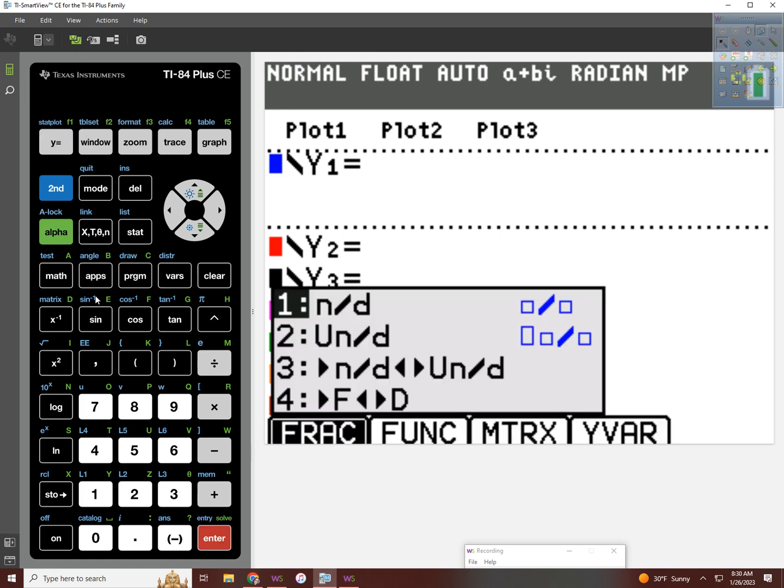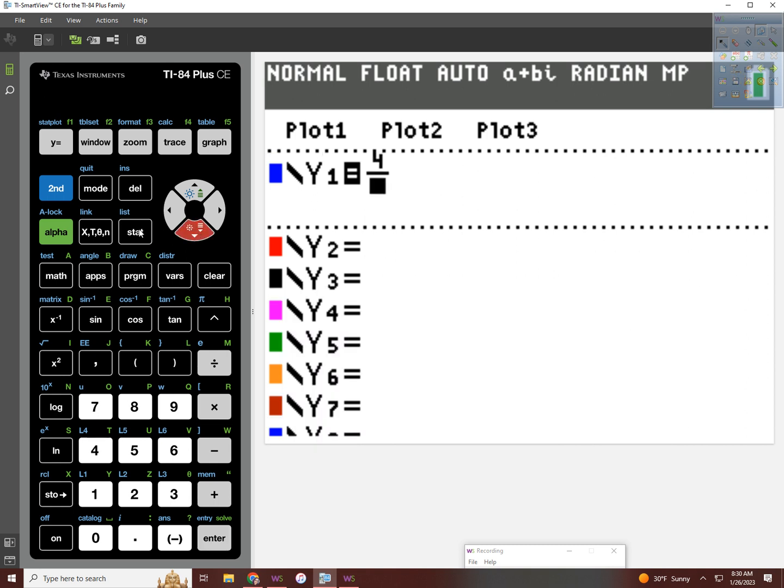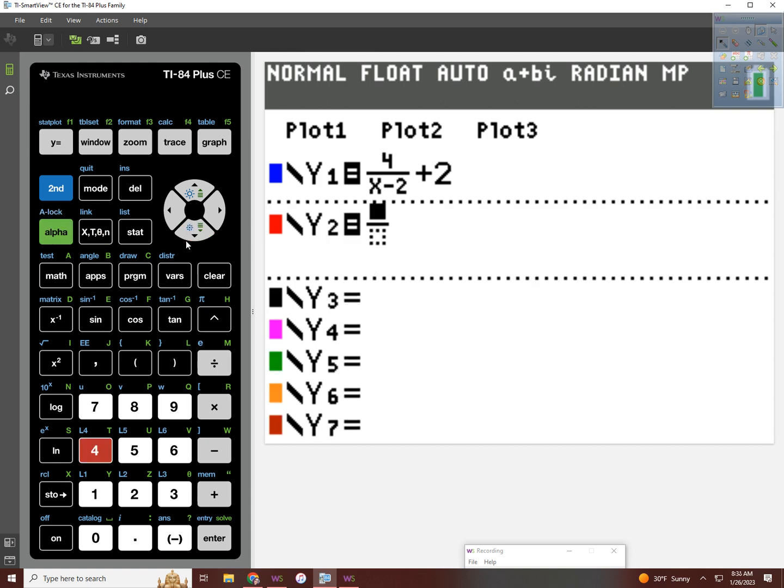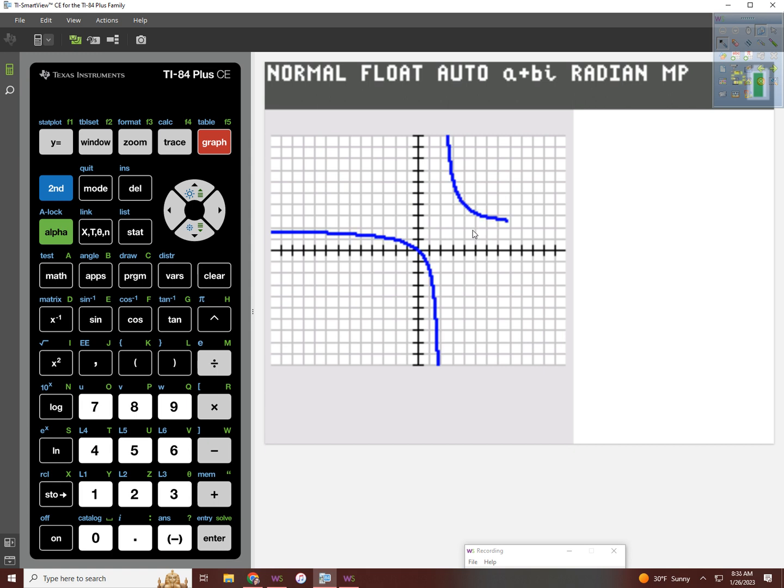All right, so I have 4 over x minus 2, and then out to the side plus 2. And then the inverse they're showing is exactly the same, so we'll see 4 over x minus 2, and then plus 2. So this is going to be a kind of different looking graph.